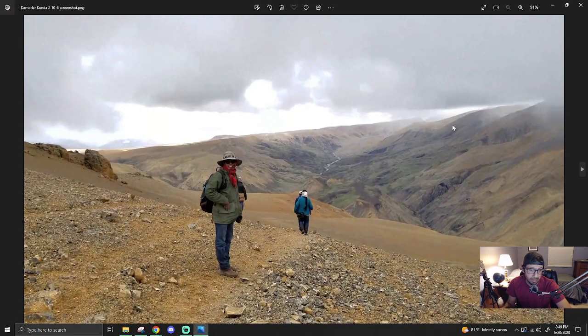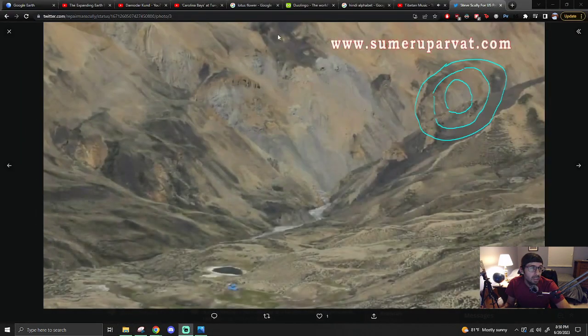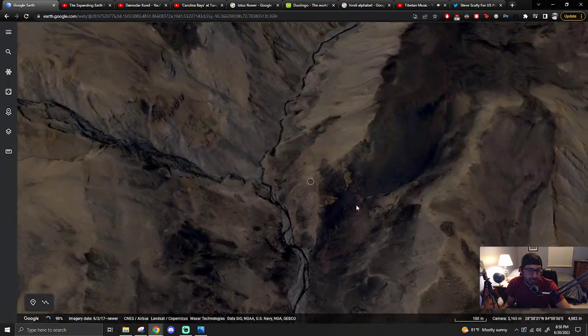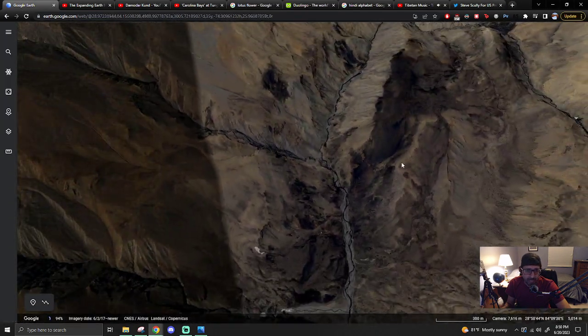So I'll link all these videos. There is the ramp, I believe. I believe that's the ramp. It's hard to tell from this far away. It must be. I'm not sure what this is behind it. I don't think this is still the ramp. When I say the ramp, I mean this.